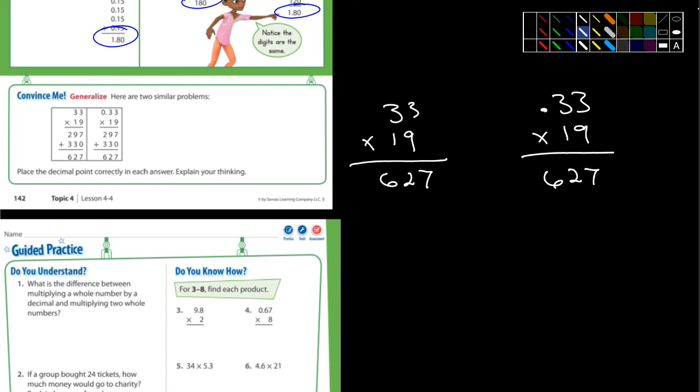Okay? So, I'm looking at the second one here. Where's the decimal go? For 10 points, Miss Rieger, where's the decimal go?